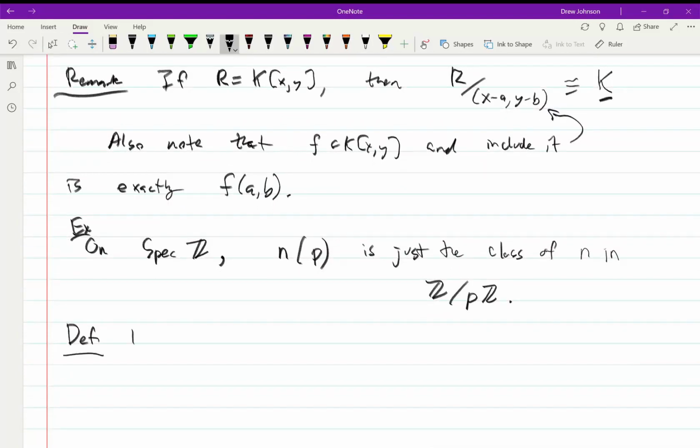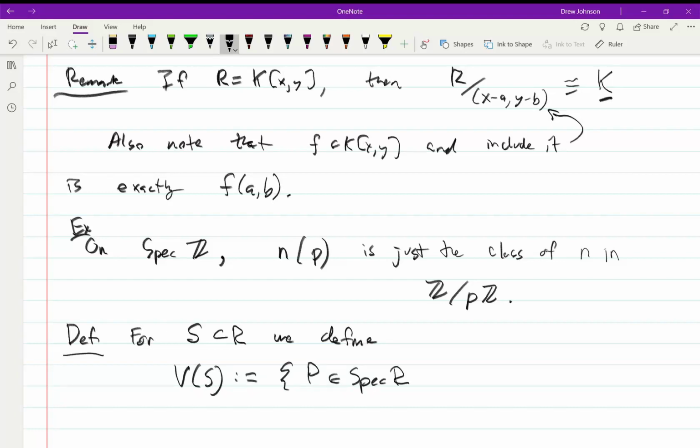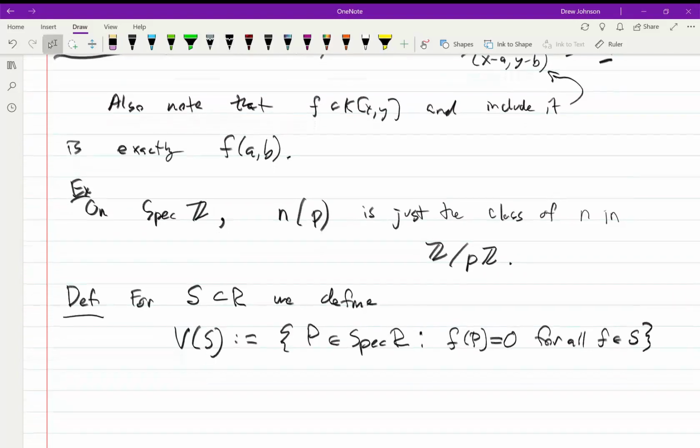For S a subset of R, we define the affine zero locus of S, V of S, the vanishing locus, to be all the points of spec R, in other words the prime ideals P, such that f of P equals 0 for all f in S. Let me remind you that f of P equals 0 is the same thing as saying that f is in the prime ideal, because we want it to be 0 in the quotient ring.